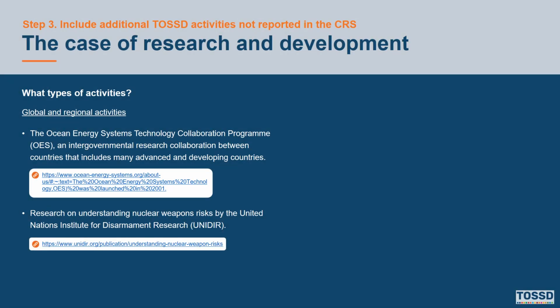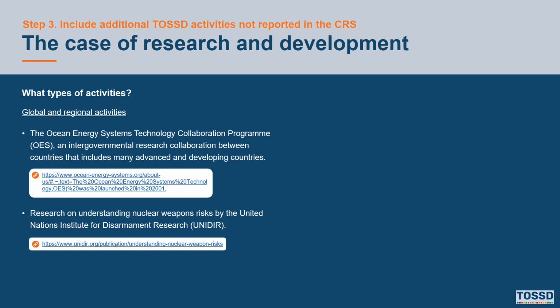This slide now includes more examples of global and regional activities. The first example is about the Ocean Energy Systems Technology Collaboration Program. It is an intergovernmental research collaboration between countries that includes many advanced and developing countries.